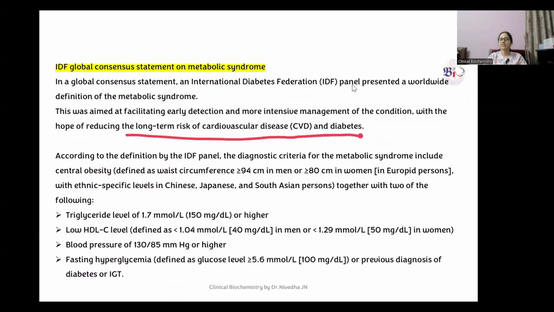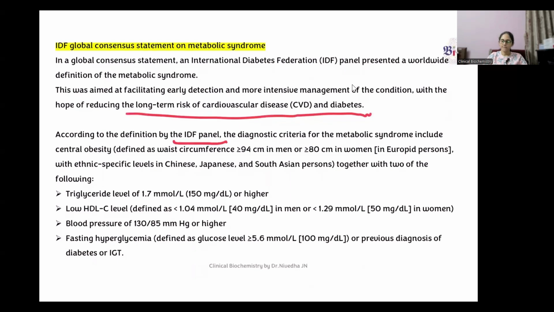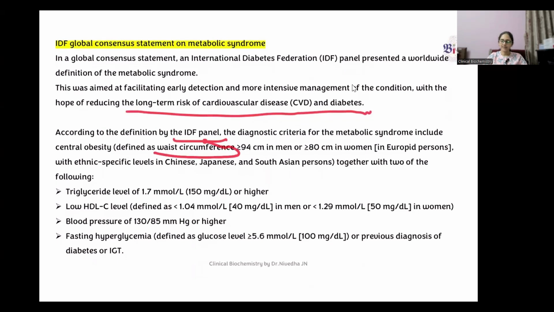According to this definition, it includes central obesity defined by waist circumference more than or equal to 94 centimeter in men and more than or equal to 80 centimeter in women in this selected population, and ethnic specific levels are also there.